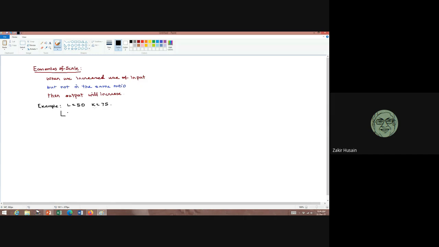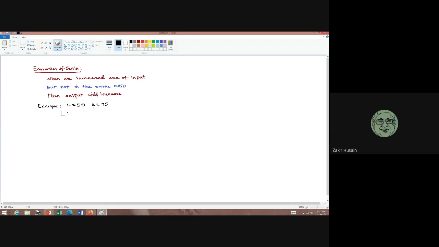So suppose your labor and capital was 50 and 75 units. If it was a case of returns to scale, you would have increased both of them in the same ratio. So if suppose labor was 100, what would be capital? Yes, 150. But here, if you're increasing labor from 50 to 100, you can keep capital constant.